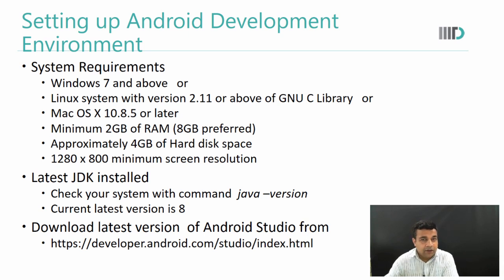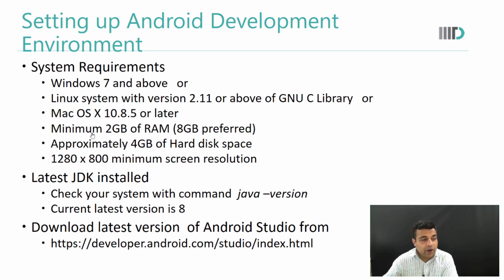Some of you may have already installed the Android development environment or Android Studio. Those who have not, please see the details again. For this, you will require a PC or a Linux or a Mac operating system with at least 2 GB of RAM and at least 4 GB of hard disk space available.